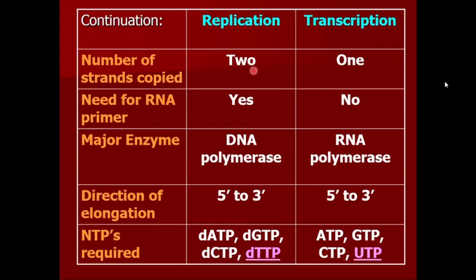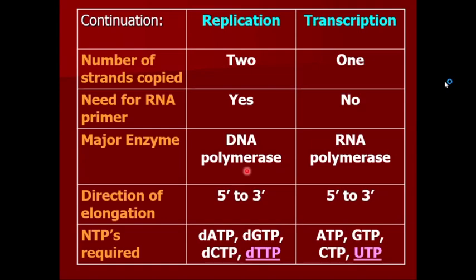In replication, the two strands of the DNA template are replicated, while in transcription, only one of the two strands is copied into an RNA. You have learned that replication requires an RNA primer, but that is not so in transcription. There is no RNA primer needed because what you are synthesizing is already RNA.